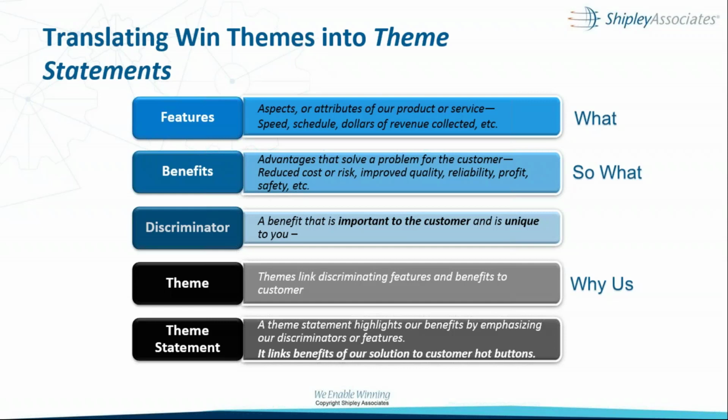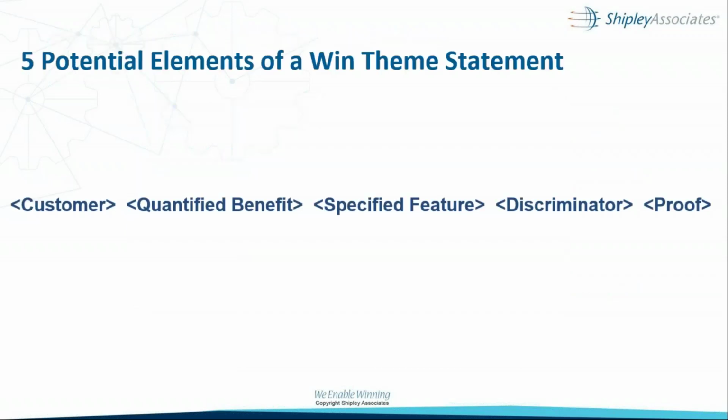I'm just gonna take a generic theme statement and let's build it. Here's the formula. In fact, one of the very questions we got, is there a formula for developing a win theme statement? Yeah. If we could include all 5 of these things in a theme statement, it would be fantastic. But can we always? Probably not.